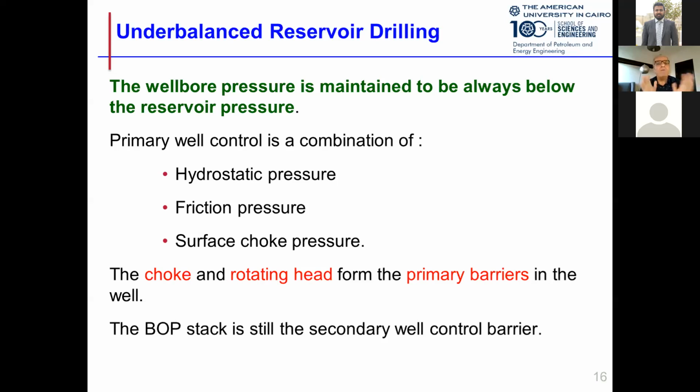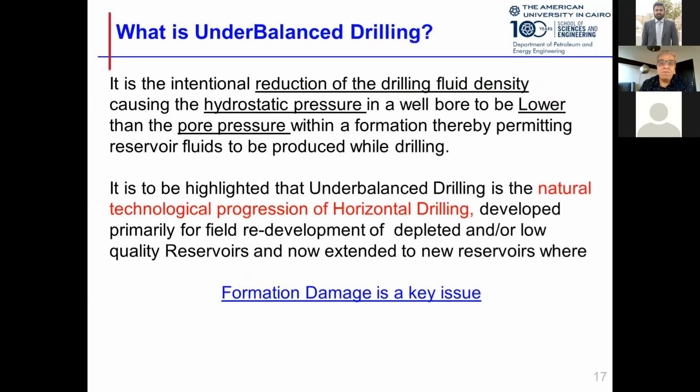Surface choke, we control it, and hydrostatic pressure, we can control by the weight of the drilling mud. We can lighten the drilling mud, or we can increase the density of the drilling mud. On top of this, we have to have a blowout preventer installed in order to provide a safe environment for work.